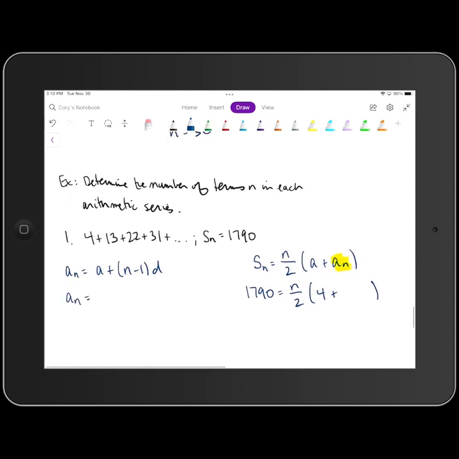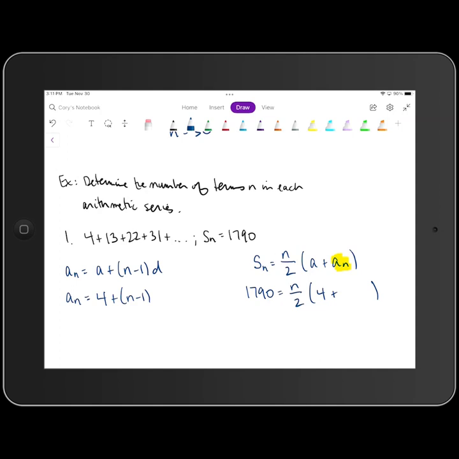So a sub n is going to be equal to a, the first term in this sum, which is 4, plus n minus 1 times the common difference. This series is arithmetic.